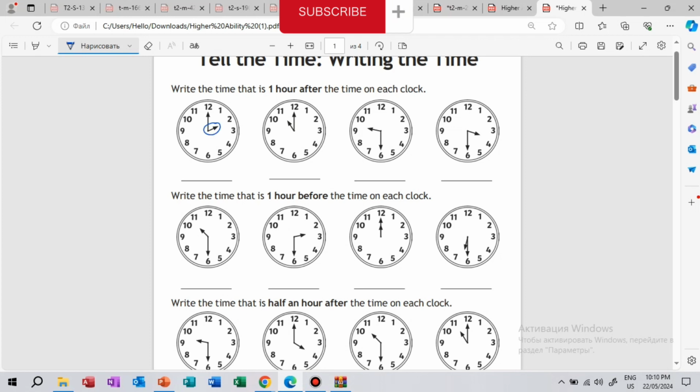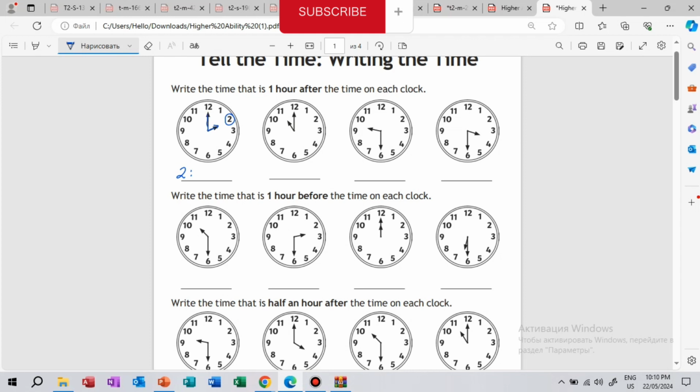So this thing right here is for the hours. And the longer one is for the minutes. Let's take an example. So where is the short hand pointing? It is pointing at the number 2. So it will be 2.